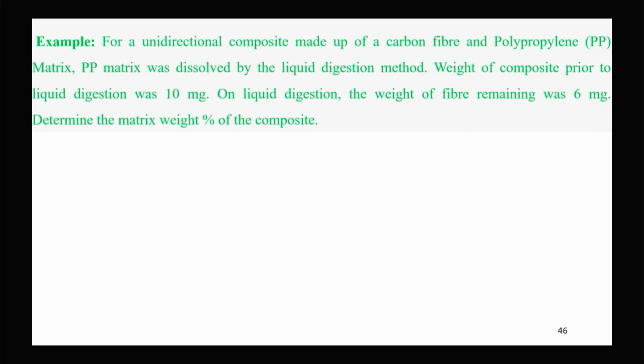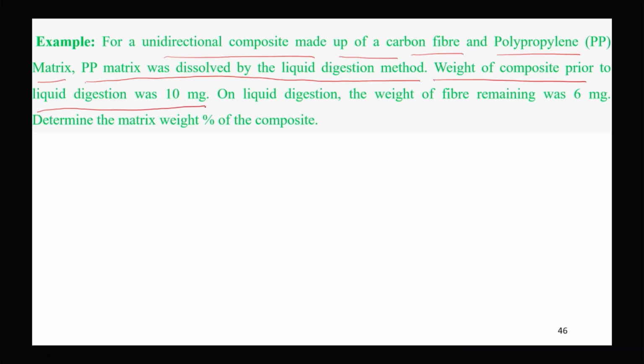Now, the next numerical, for a unidirectional composite made up of carbon fiber and polypropylene matrix, where the PP matrix was dissolved by liquid digestion method. So PP matrix has been dissolved. Weight of composite prior to liquid digestion was 10 milligram.